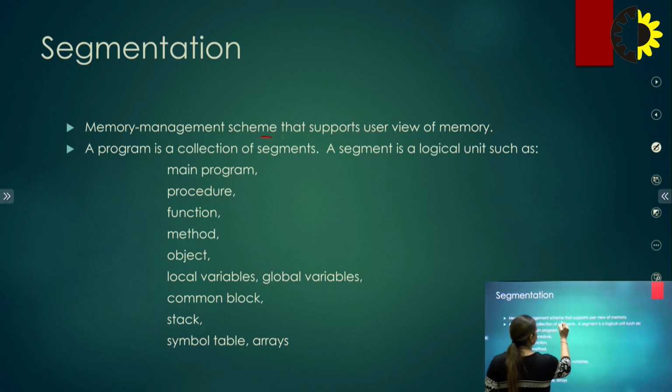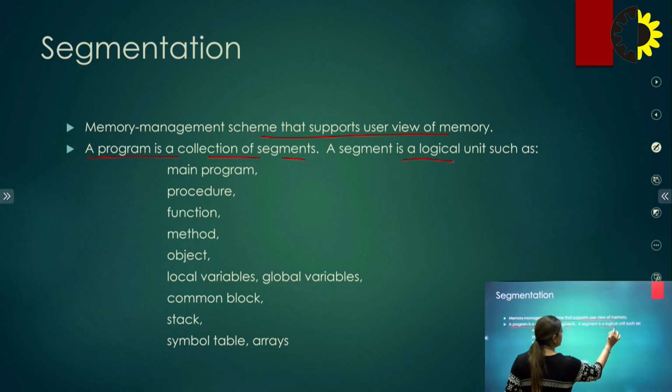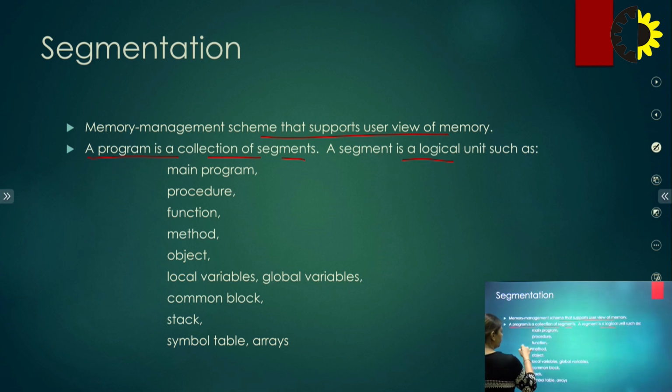Memory management scheme, let's suppose, is the user's view of memory. A program is a collection of segments. A segment is a logical unit, such as the main program in one block, procedure in one block, function in another, method, object, variables, common block, stack, symbol table, arrays, etc. These can be kept separately in different blocks, right?